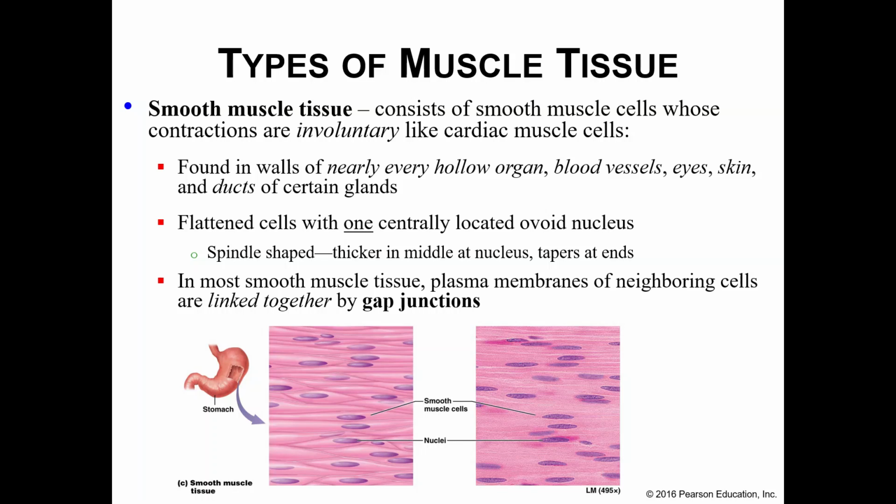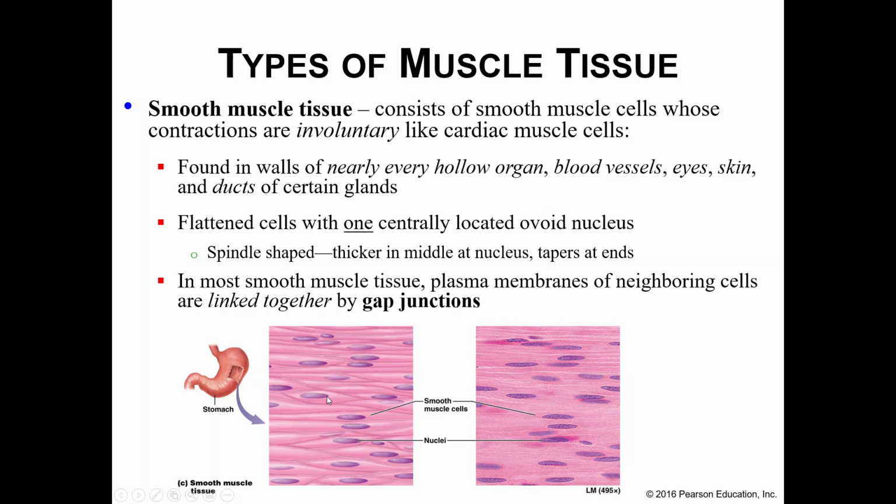Okay, so you don't have to actively think about moving blood through your vessels or moving food through your stomach. That's subconsciously controlled. Now, the shapes of the cells are quite a bit different here as well. We threw around the word spindle shaped, and I told you that meant that it was thicker in the middle and it tapers off or gets skinny out to the sides.